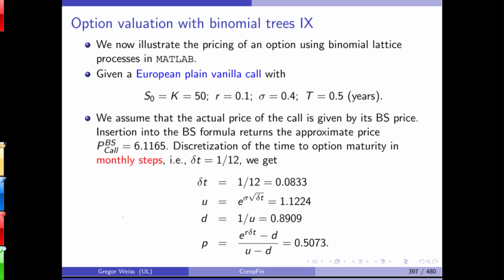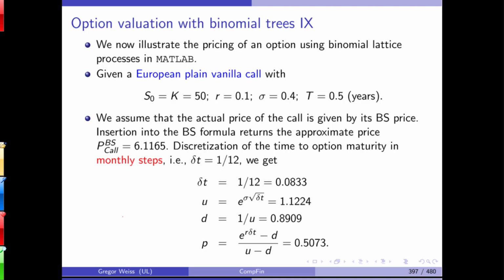Now we assume that the actual price of the call is given by its Black-Scholes price. This is an assumption. Why? We don't know what the option price looks like. To know the option price, we would need to observe the option price in a real market, and to know how the market works, if it is efficient, and what market features we have.